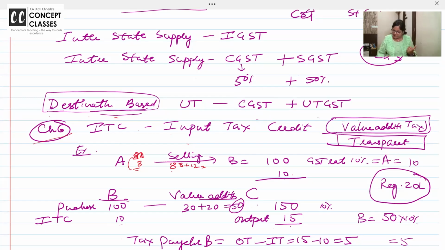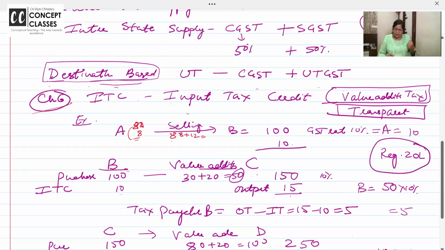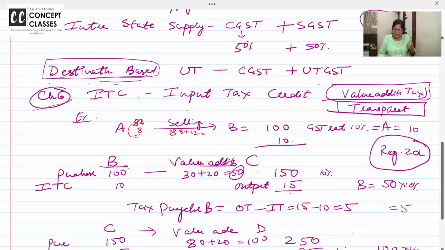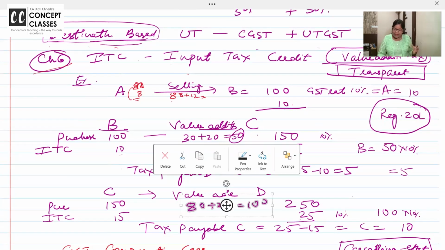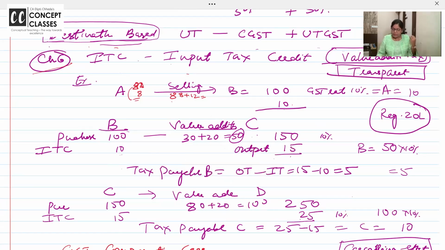Okay, right. Then A is selling the goods to B. I gave this example yesterday. Let us check. Now suppose A is the initiator, say he is the manufacturer. So A is supplying the goods to B and he is charging 10%. It is not the actual rate, just for calculation I took 10%. Okay.